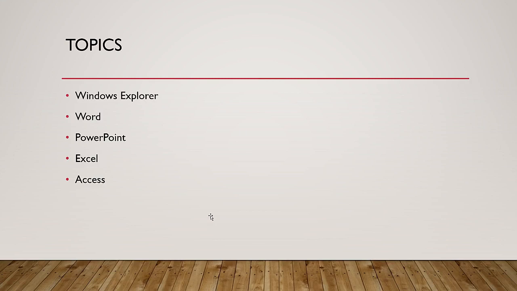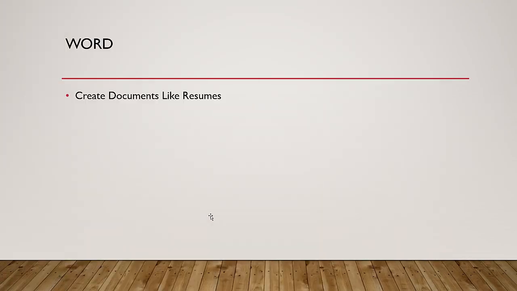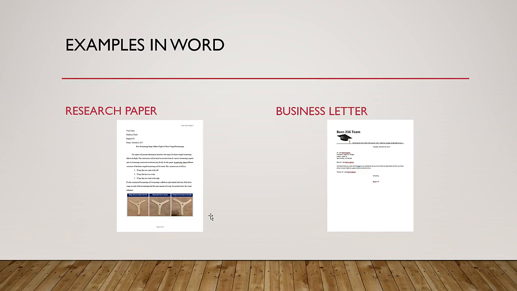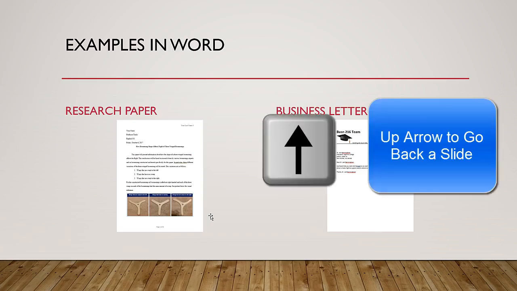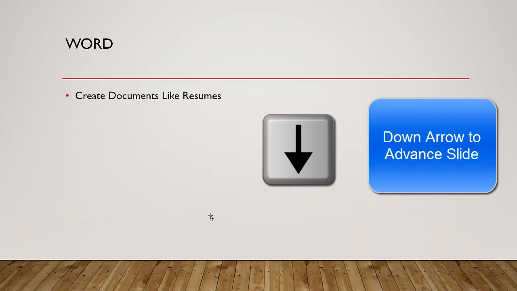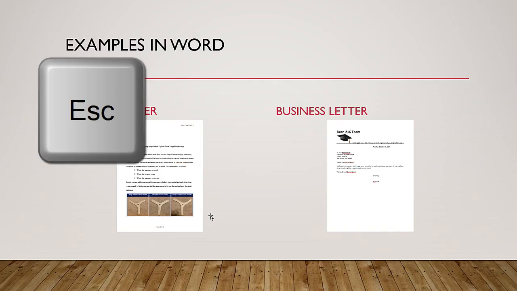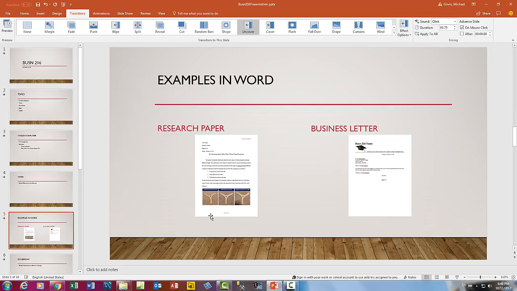All right, I'm going to use the arrow key, forward arrow. OK. And then, of course, as we saw last video, the up arrow goes backwards. The down arrow goes forward. I'm going to click Escape. So we've added a transition with a sound to all the slides.